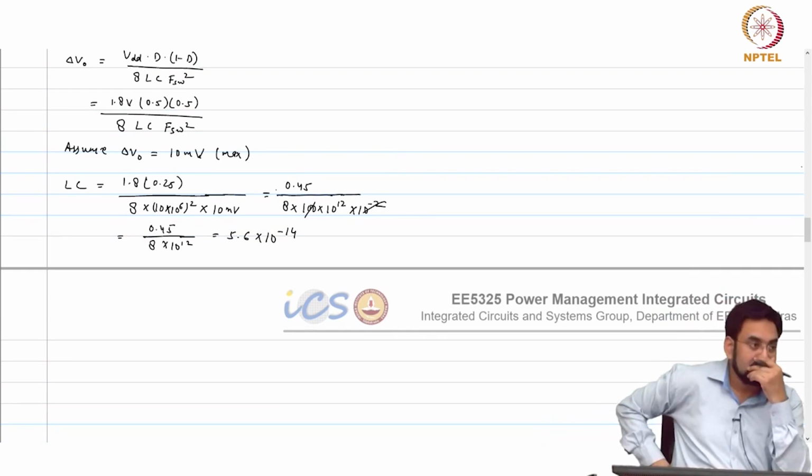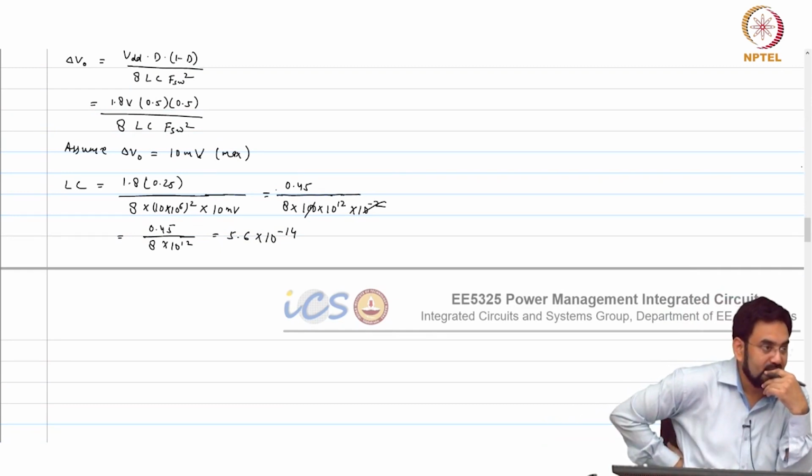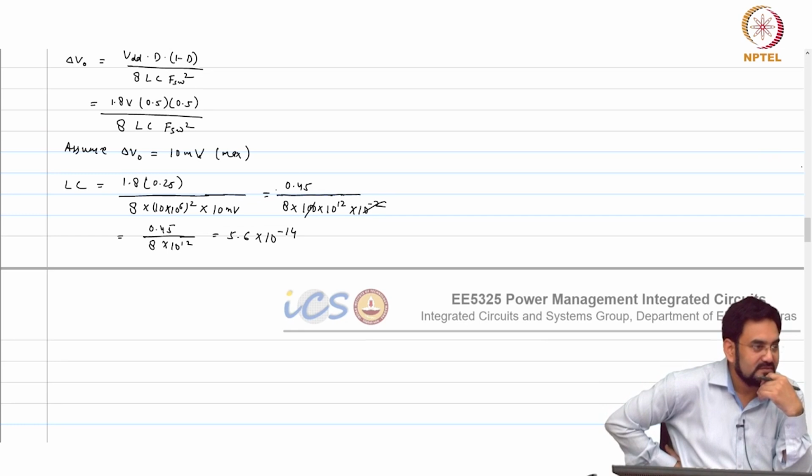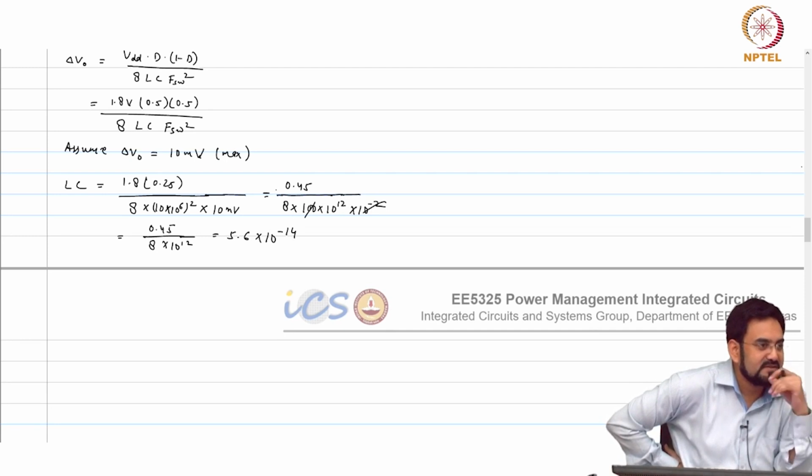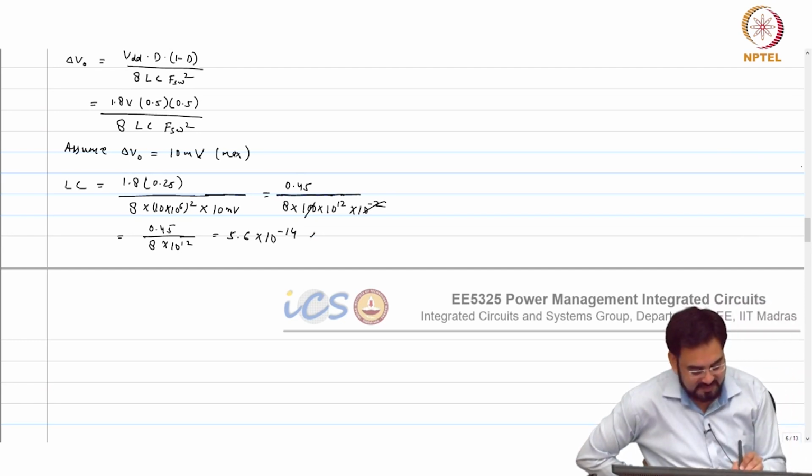What will be the unit? No, 1 over square root LC is radian per second. So the unit is second by radian.